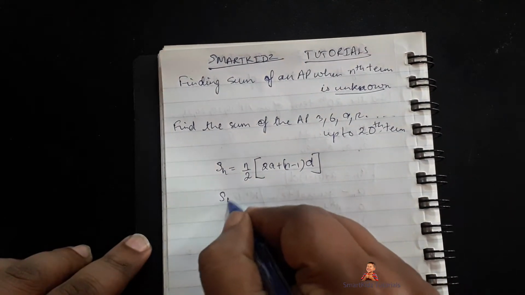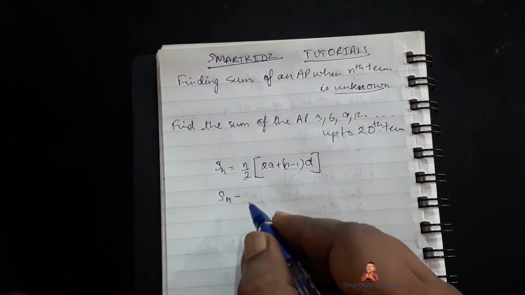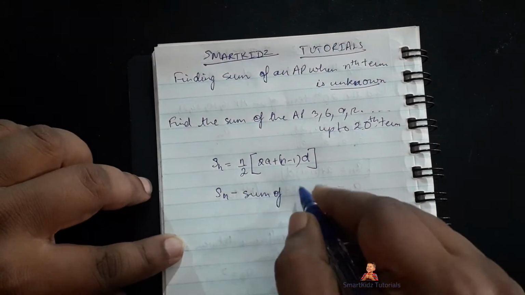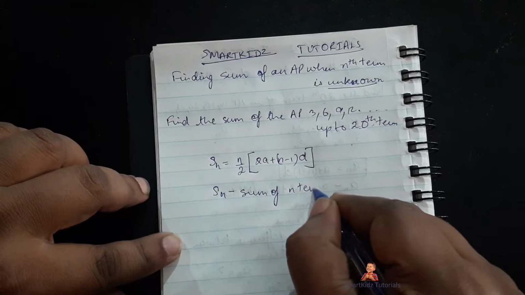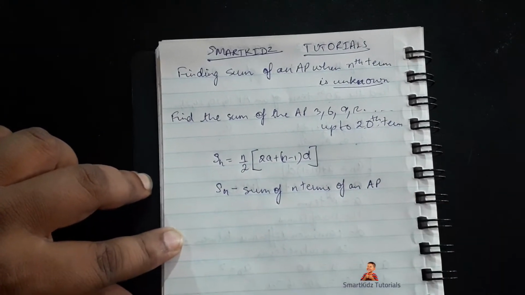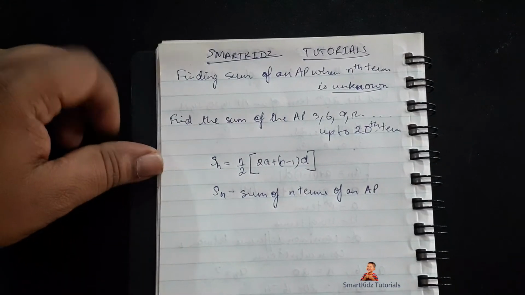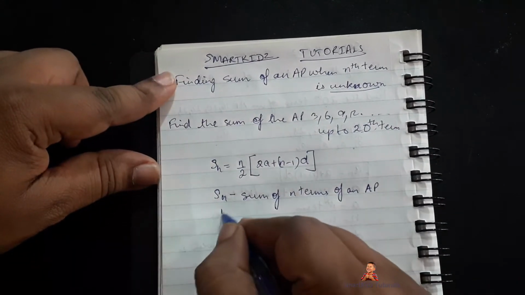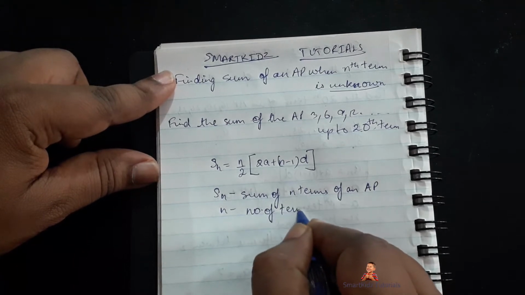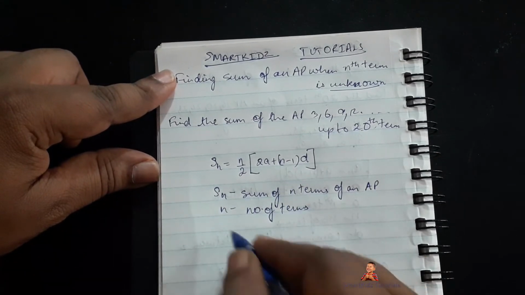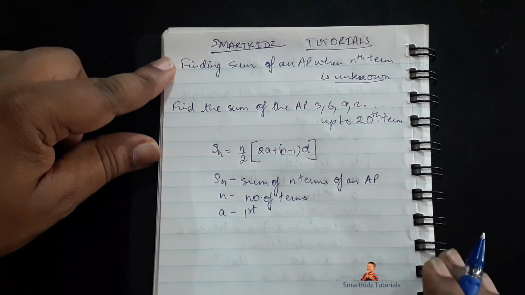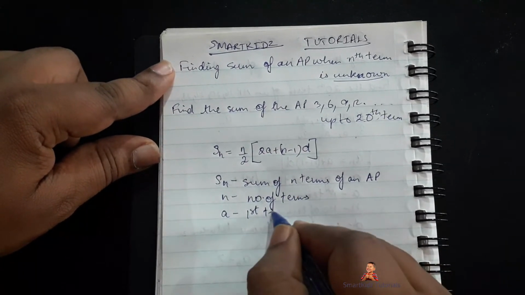So Sn stands for the sum of n terms of an arithmetic progression. Then n stands for the number of terms. a stands for the first term.